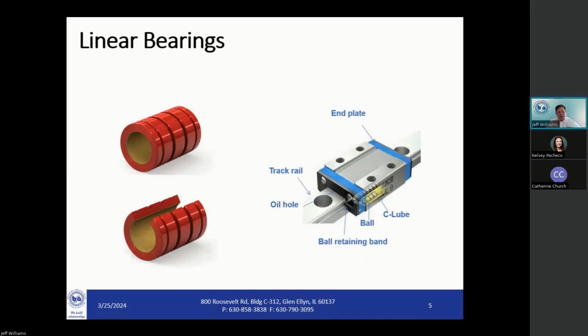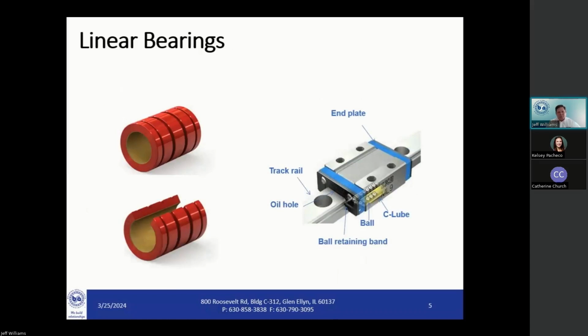On the right, you have the linear way, which utilizes the track and the carriage, and it reduces friction by the rolling elements. In this example, they would be ball bearings. So you have the railway, and then you have the casing or carriage, which would include the end plate and the C loop.